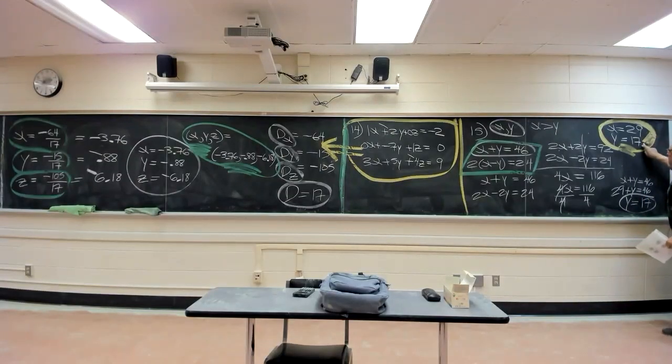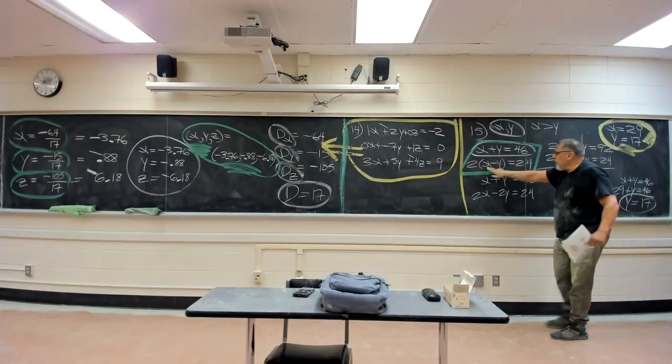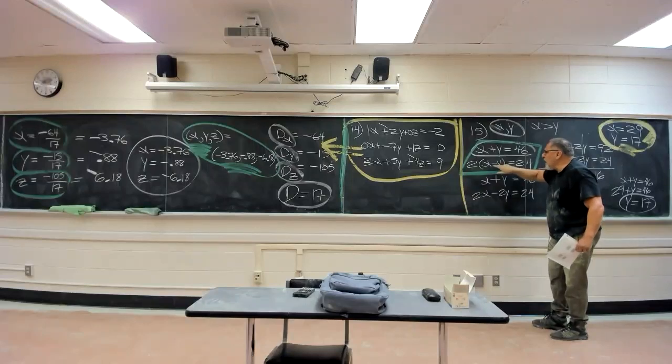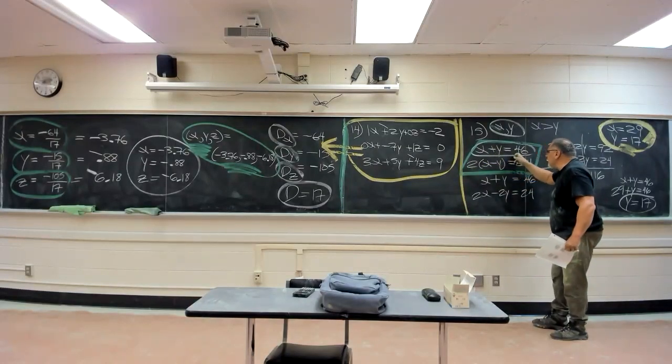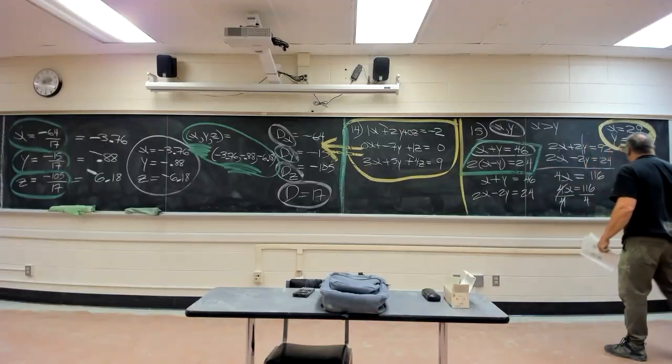The difference between the two, we assumed x was bigger. 29 minus 17 is 12. Twice the difference is 24. If you double 12, you get 24. 29 plus 17 is 46. Everything checks out, guys.